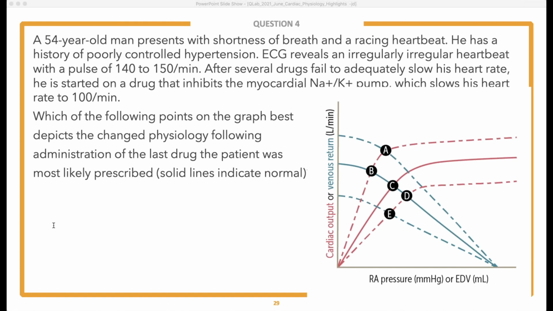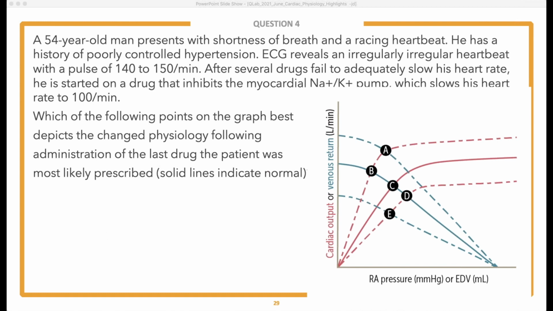After several drugs failed to adequately slow his heart rate, he is started on a drug that inhibits the myocardial sodium-potassium pump, which slows his heart rate to 100 per minute. Which of the following points on the graph best depicts the changed physiology following administration of the last drug the patient was most likely prescribed?